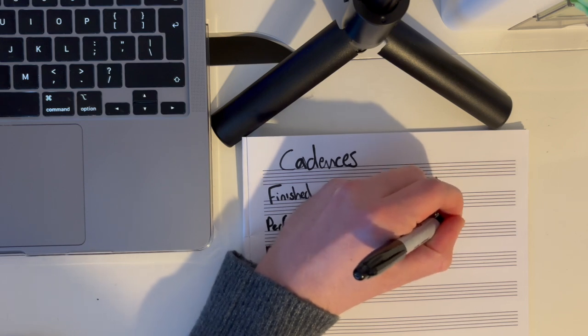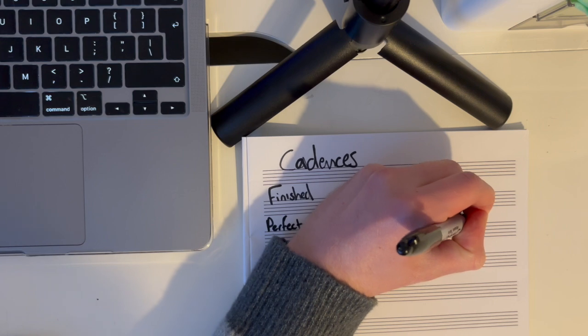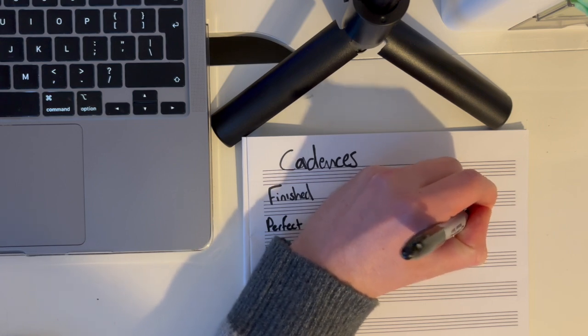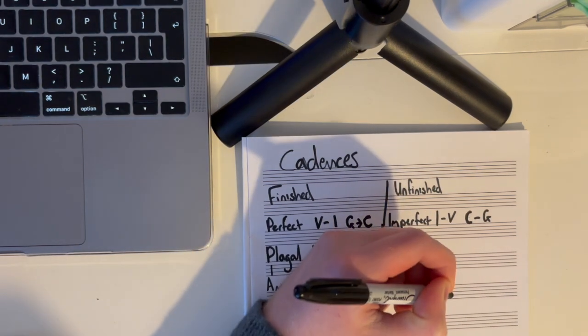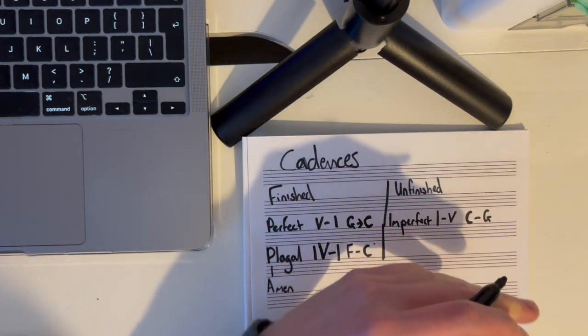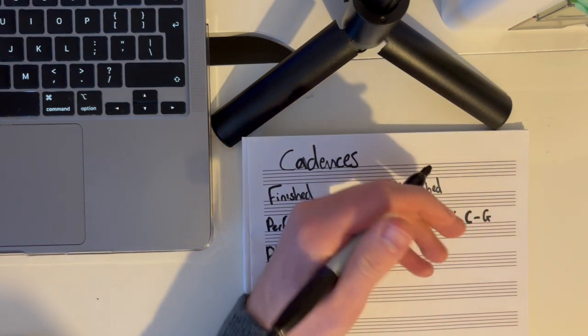So it's the opposite way round to the perfect. So in the key of C, I might go from C to G. Now, an imperfect cadence doesn't just have to be 1 to 5, but it commonly is.